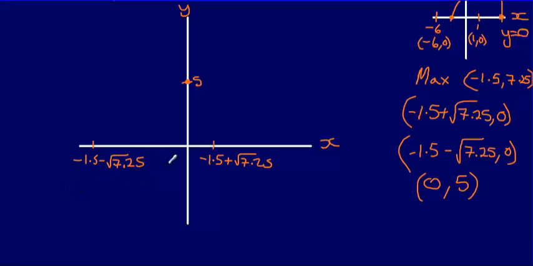And then our last point, so we've got 3 of our coordinates where they cut through the coordinate axes. All that's left for us to now do is also plot this point, minus 1.5, 7.25. So that is going to be halfway between these points, about here. So minus 1.5 is going to be there. And then it needs to go to a height of 7.25, which we'll call, say, up here. And we'll mark a point there.